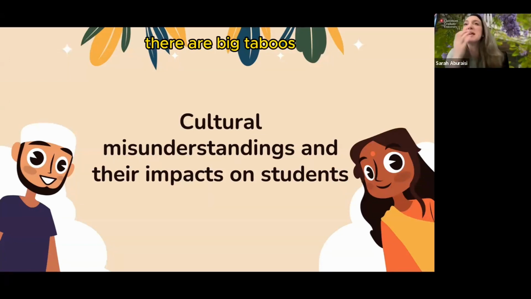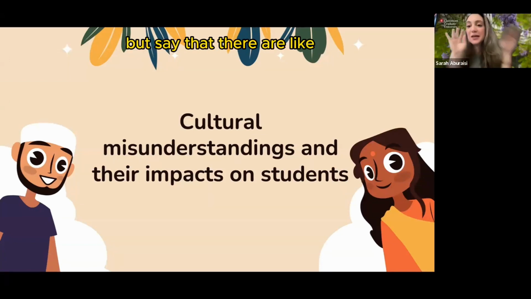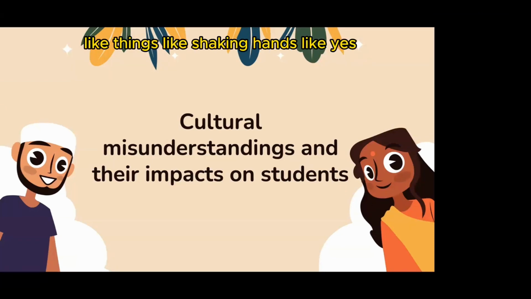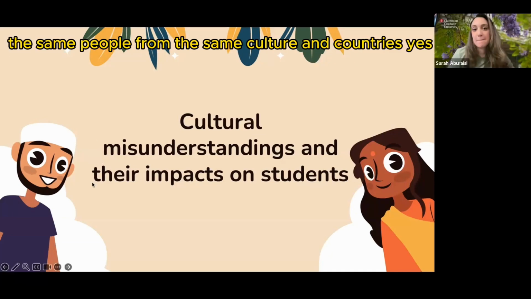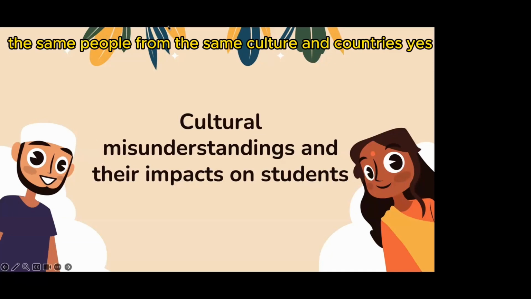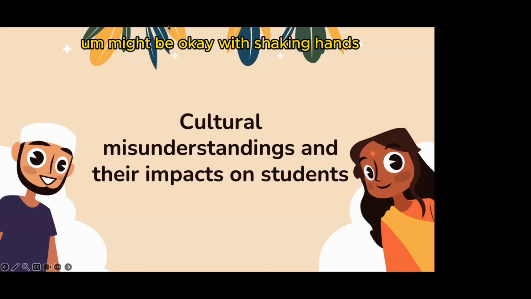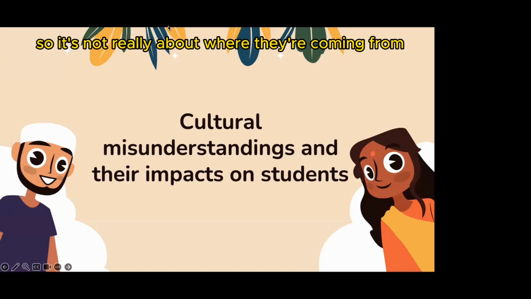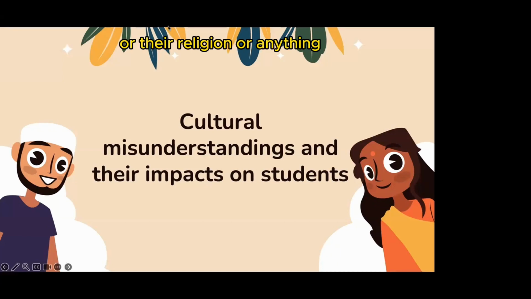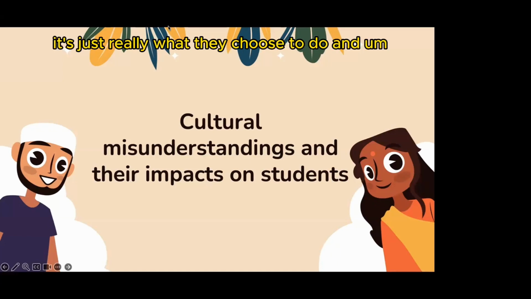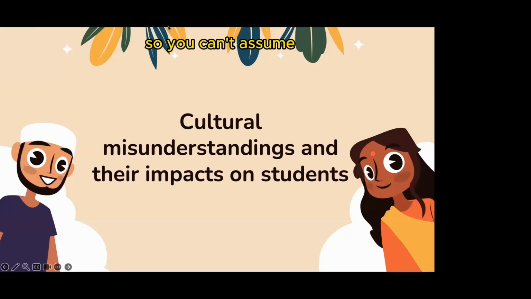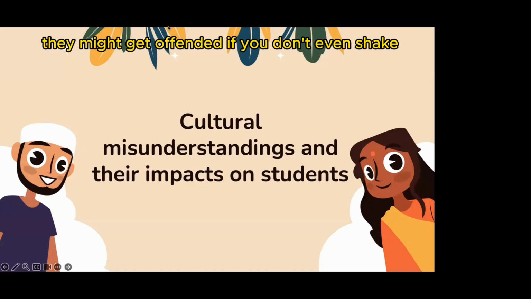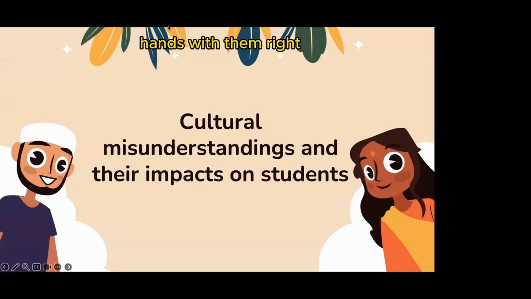There are big taboos, but things like shaking hands, people from the same culture and country might be okay with shaking hands, and some might not be okay with shaking hands. So it's not really about where they're coming from or their religion or anything. It's just really what they choose to do. And so you can't assume, right? Of course, if you see a Muslim person, that they won't shake hands. They might get offended if you don't even shake hands with them, right?